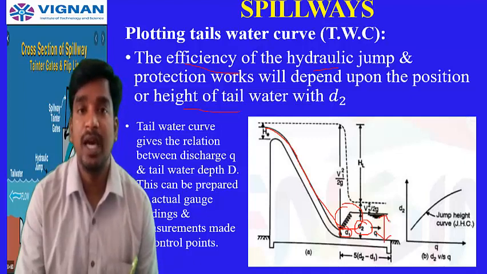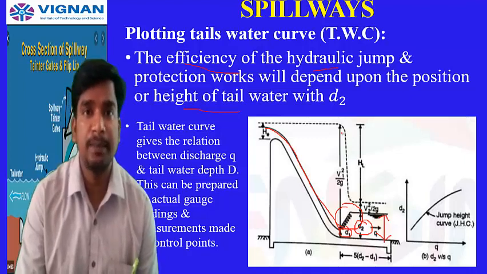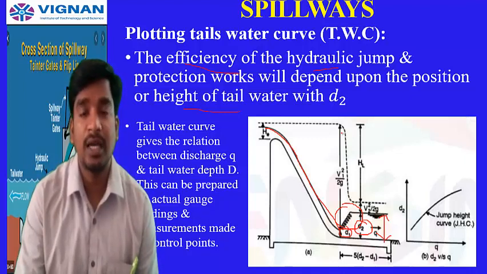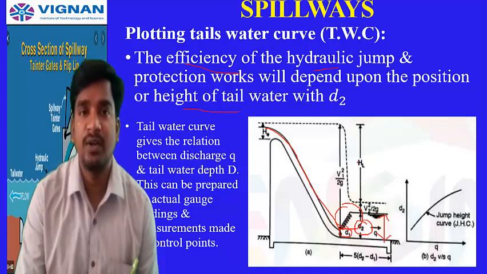These two highly influence the efficiency of the hydraulic jump, and with respect to that we will make protection works. The protection works as well as the hydraulic jump efficiency completely depend on these two factors, position and depth of the tailwater. If these two vary, the efficiency of the hydraulic jump as well as the protection works will vary.